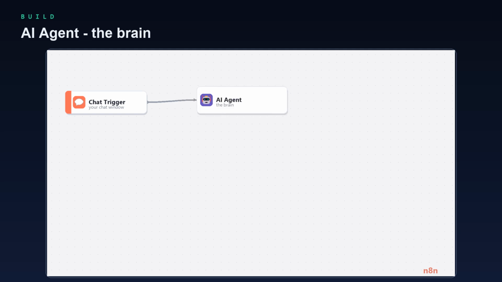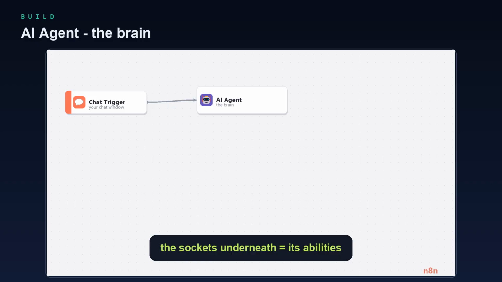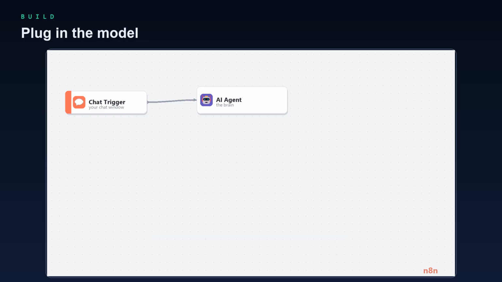Now let's build. Click Add First Step and search for Chat Trigger. Add it. This gives your workflow a chat window, the way you'll talk to your agent. Next, click the plus after the trigger and search for AI agent. Add it. This is the brain. On its own, it can't think yet.